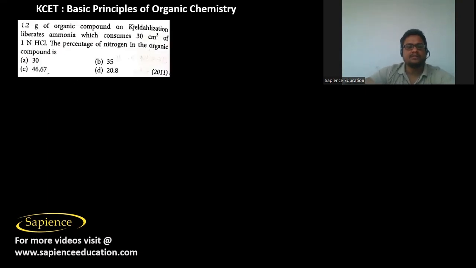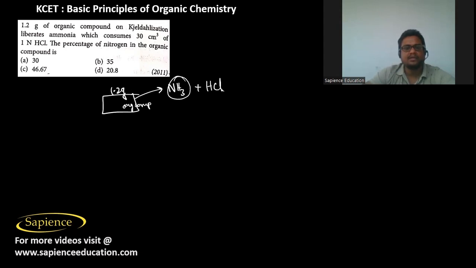And here again it is asked: 1.2 gram of the organic compound on Kjeldahl's method liberates ammonia, which is NH3, and that ammonia consumes 30 centimeter cube of one normal HCl. Then the percentage of nitrogen in the organic compound is?